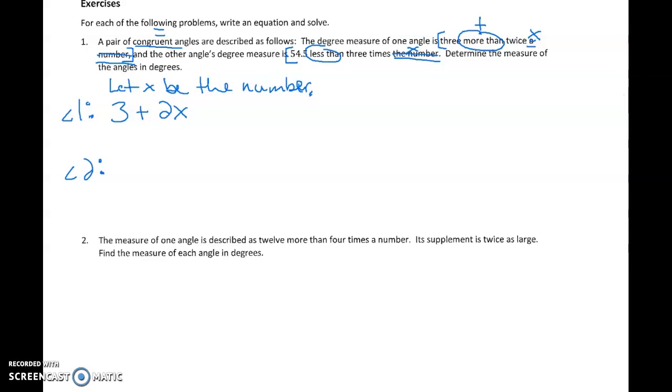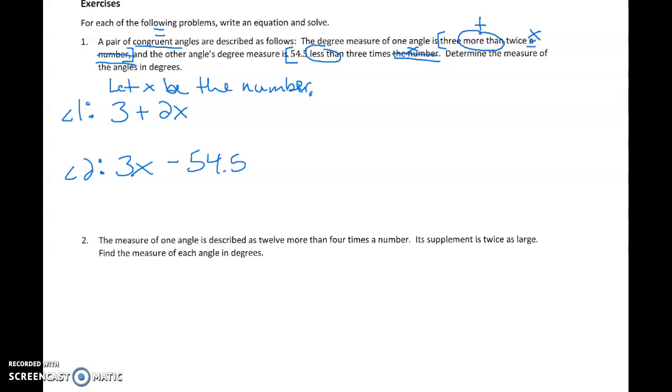So remember, that's that turnaround number. We don't write 54.5 minus, we write this part here minus 54.5. So 3x minus 54.5.